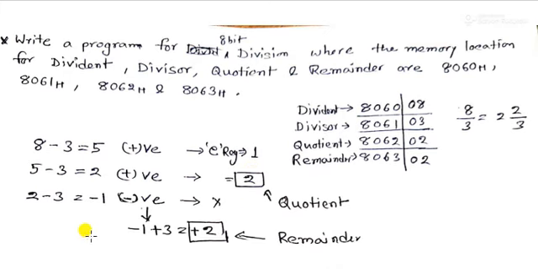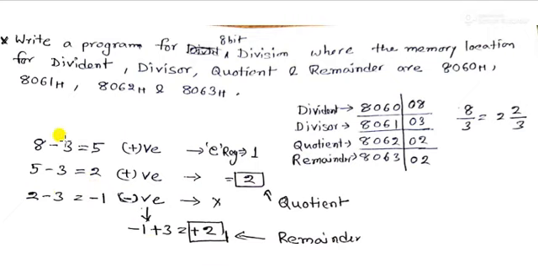Next, 2 minus 3 is minus 1. The value is negative, so we no need to increment the C register again. Instead of incrementing the C register, we perform minus 1 plus 3.